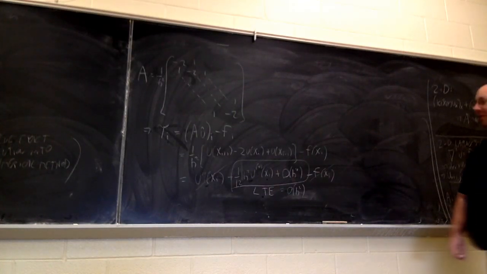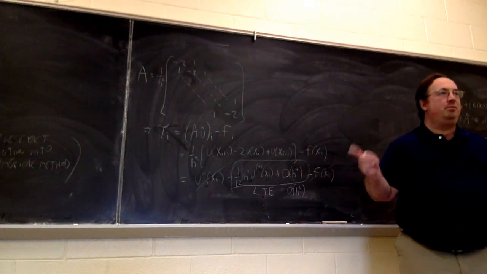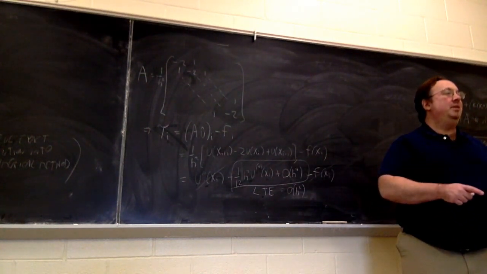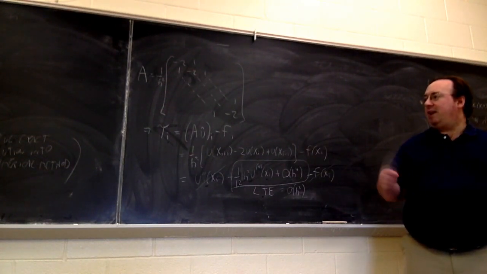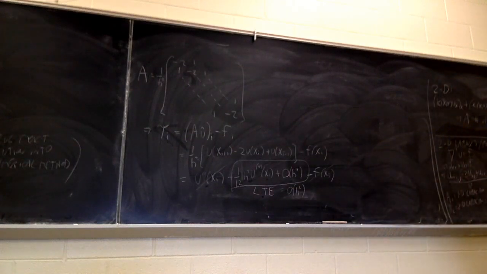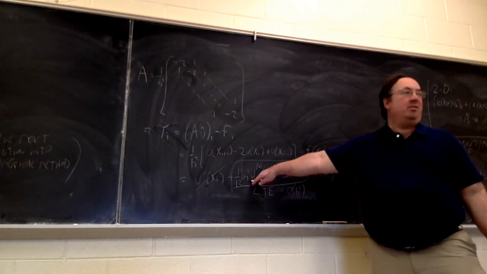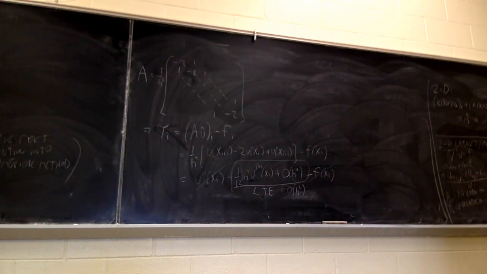Because what you can do is, if u double prime equals f, then the fourth derivative of u is f double prime. So if you were to correct your system of equations, solving A U equals F, if you add a term that would match this error term on your right-hand side, then it would cancel out, and you would be left with order h to the fourth.